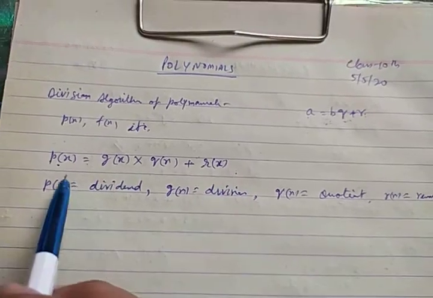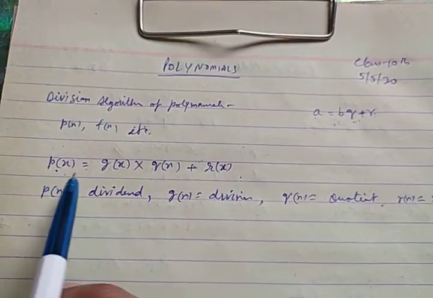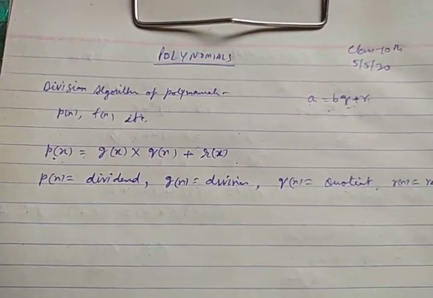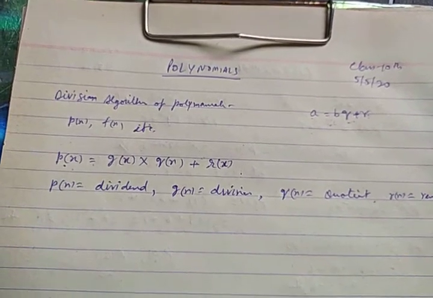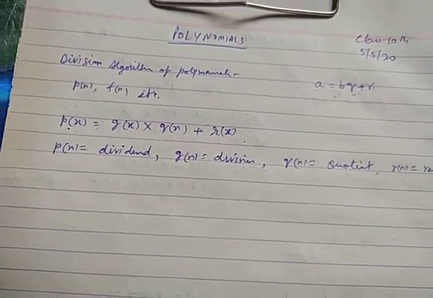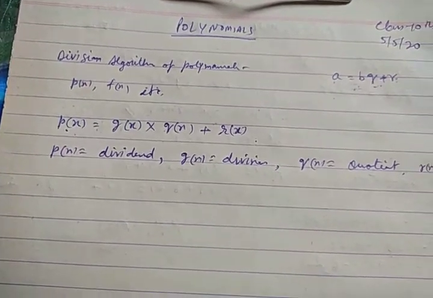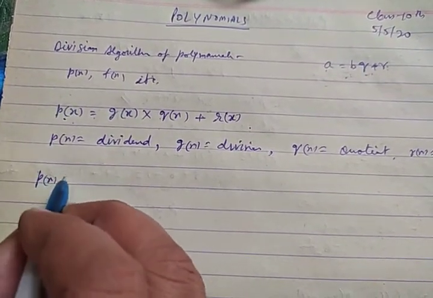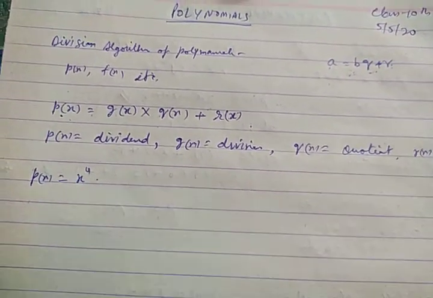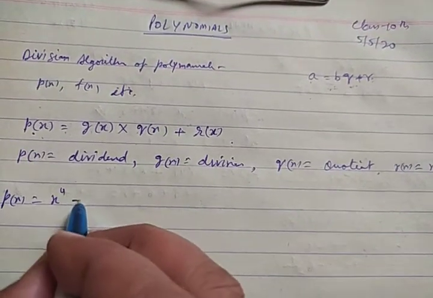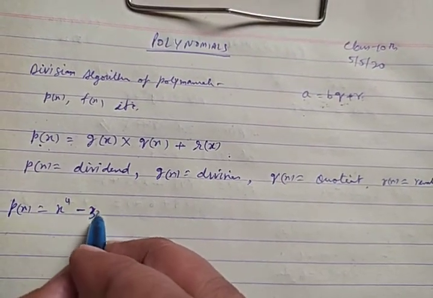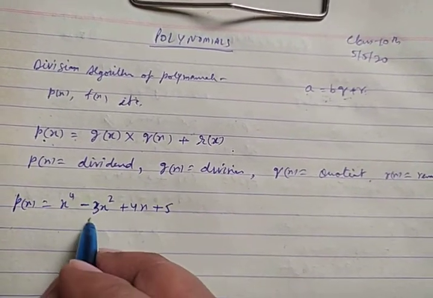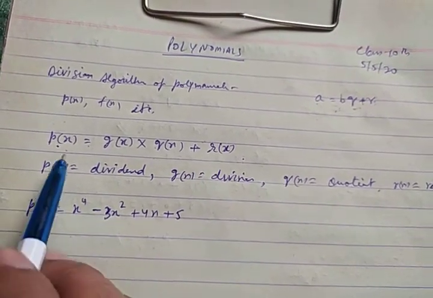Now using this formula, there are 4 quantities: 1, 2, 3, 4. Suppose any 3 are given in the question, the 4th you can calculate. Or it may simply be asked that 2 polynomials have been given. I am taking a question from the exercise. p(x) is given as x^4 - 3x^2 + 4x + 5. This p(x) is the dividend.